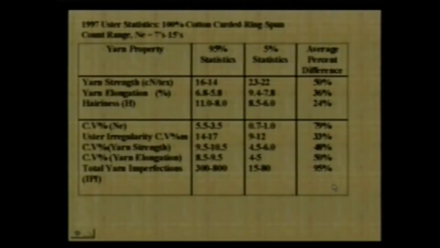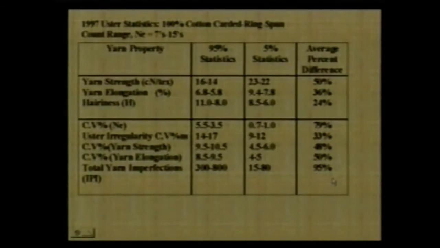And of course, you can argue that these differences may be due to differences in raw material, may be due to differences in technology. Well, we have examined all of that. We have examined the contribution of raw material to this substantial difference, as well as the contribution of the technology.